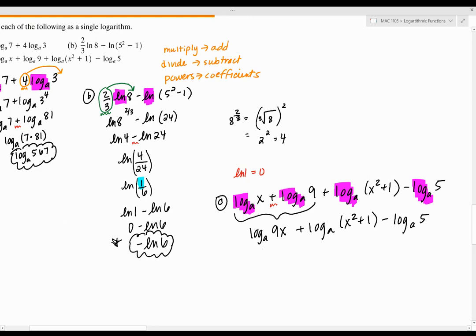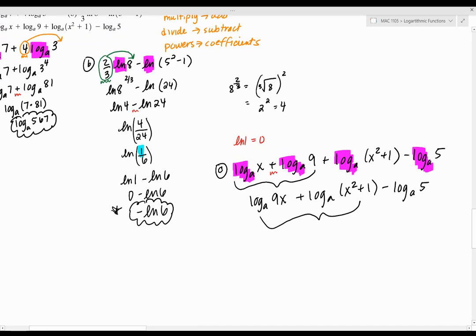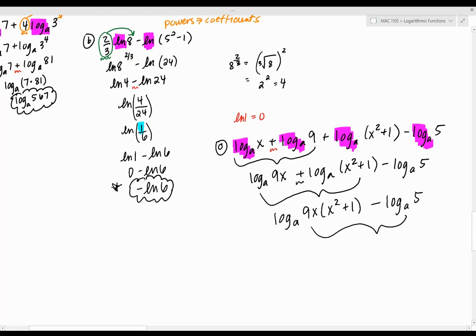All right, and then I'm going to work on condensing the next 2 logs. So in the next 2 logs, I see addition is in between them. So you condense addition by multiplication. So it's going to give me 9x times x squared plus 1. I'm going to bring the other log down. Now I only have 2 logs left, so I'm going to condense those.